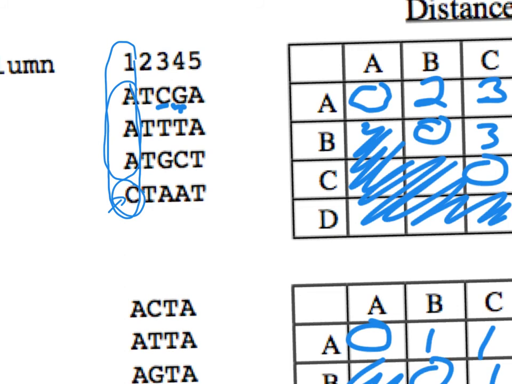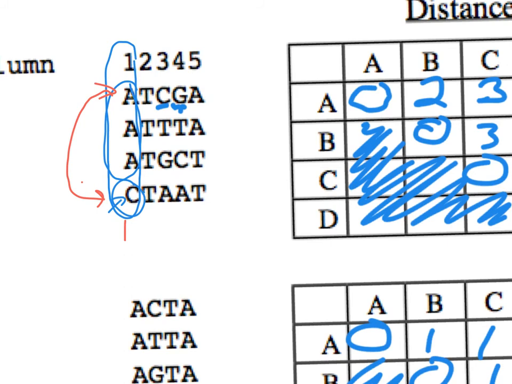And then you move on to the next column. That's a different position in the sequence of the same gene from 4 different species. They all share a T. There's 0 distance in that trait. So if we're calculating the distance between those 2 species, A and D, there would be one change there because there's an A to C change.